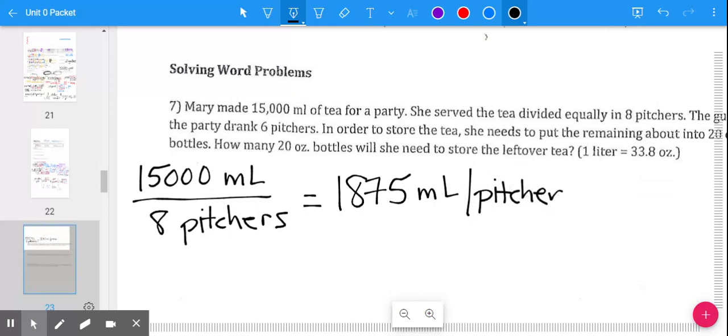It also told me that everybody at the party drank 6 pitchers, which means that there's 2 pitchers left that have to be stored. So we're going to multiply that by 2 pitchers.